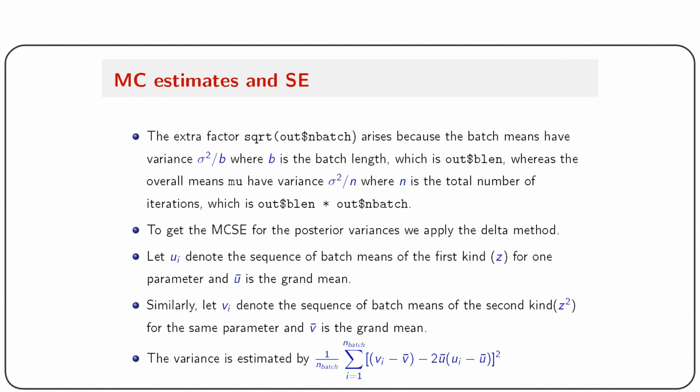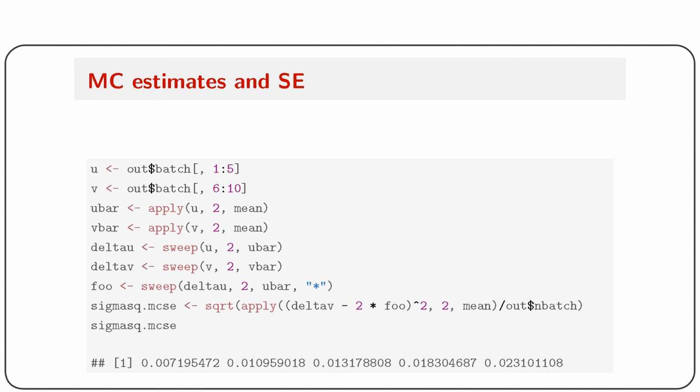Let's implement this in R. Say foo equals apply dot this. Let u equal out dollar batch columns 1 to 5 and v equals out dollar batch columns 6 to 10.